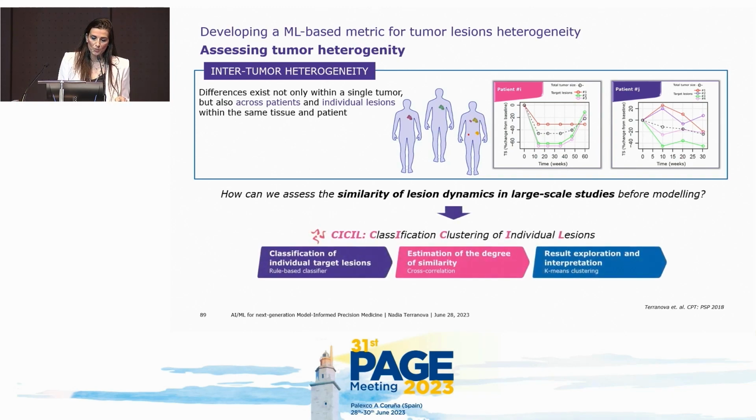And for this purpose, a machine learning metric was derived, which is CCIL, classification clustering of individual lesions, which, by integrating techniques from signal processing and machine learning, provides a metric explaining the similarity between pairs of lesions.